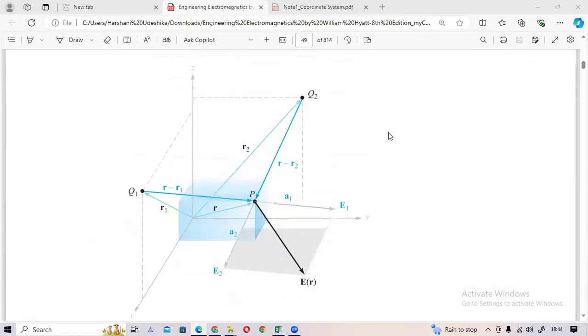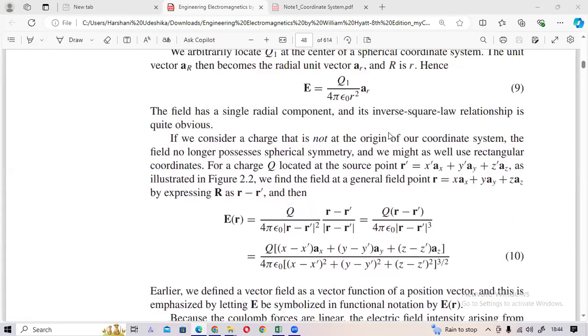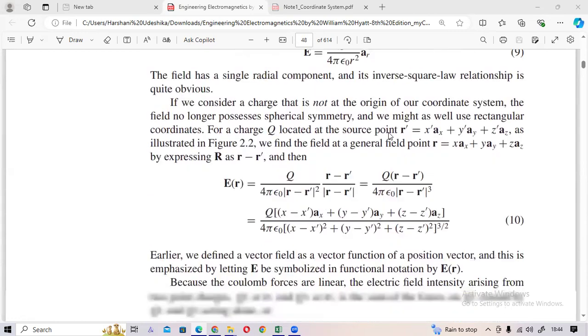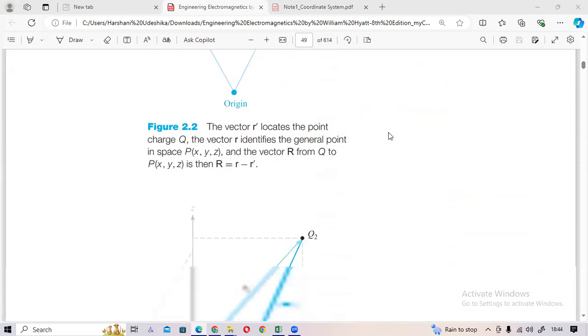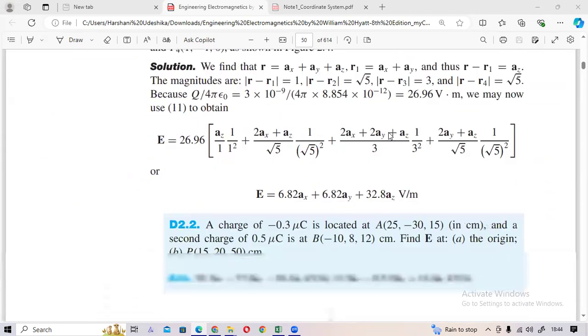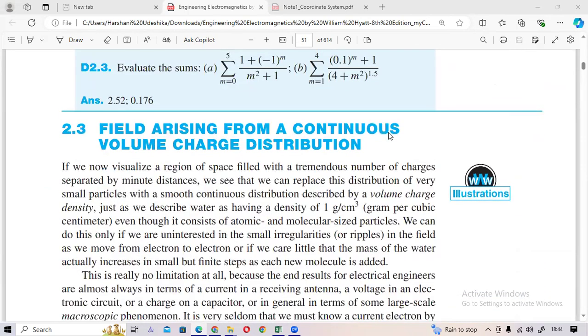Okay, anyway, we have done some examples related to Coulomb's law. There are also three other scenarios.